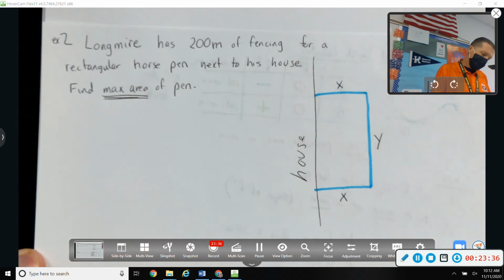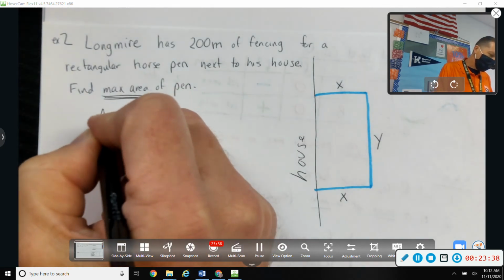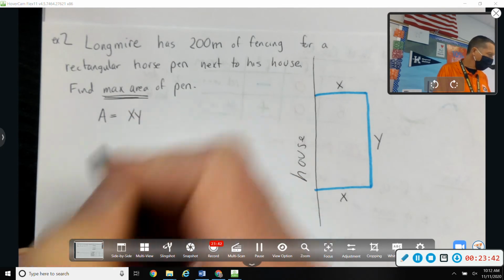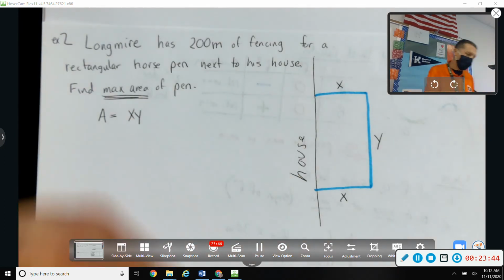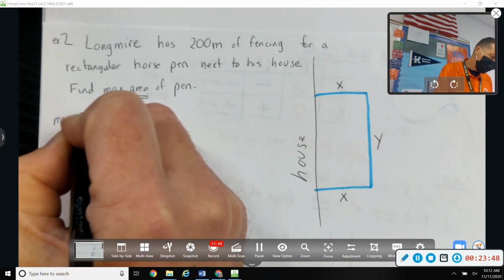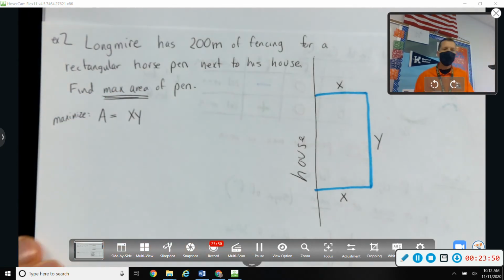So the area would just be X times Y. That's what we want to maximize. That's what we want to take a derivative of.